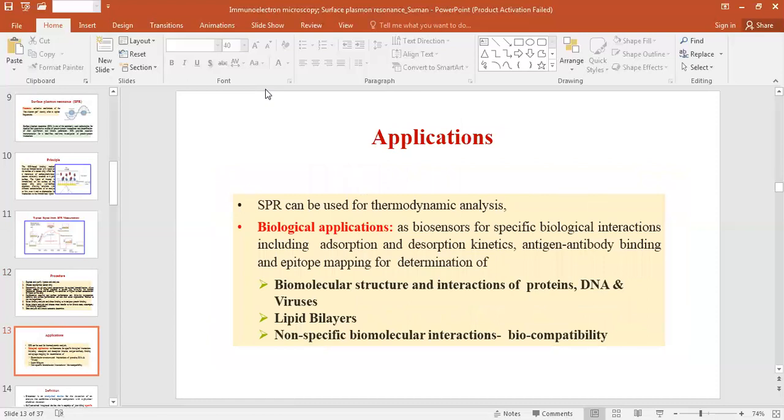Now, where can we apply this particular experiment? Mostly we use it for thermodynamic analysis or protein-protein interaction.